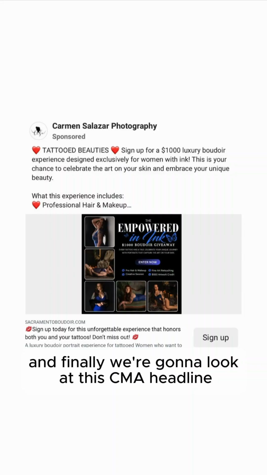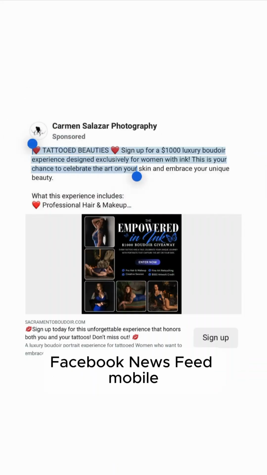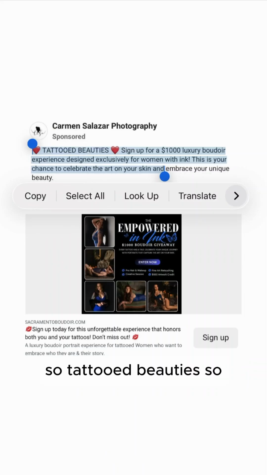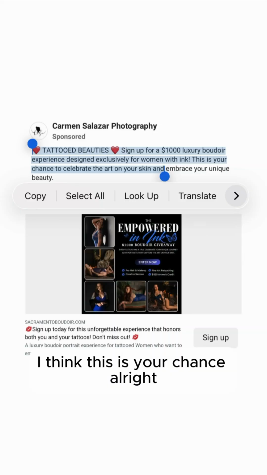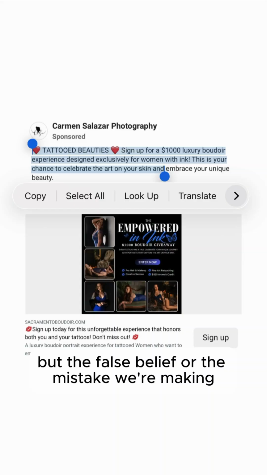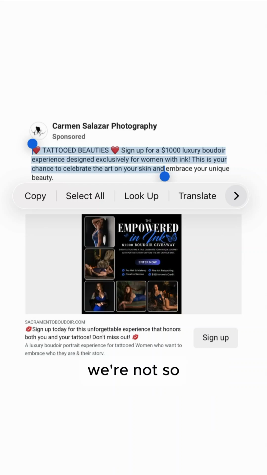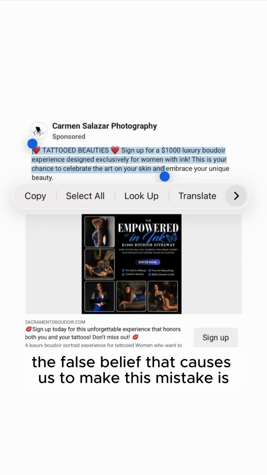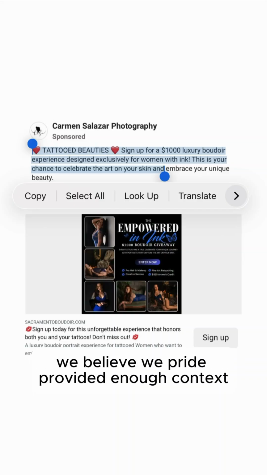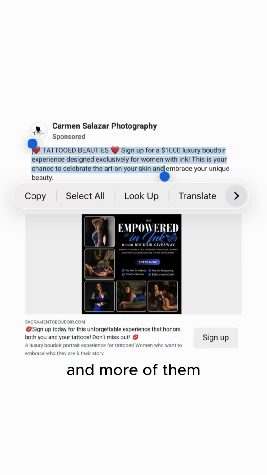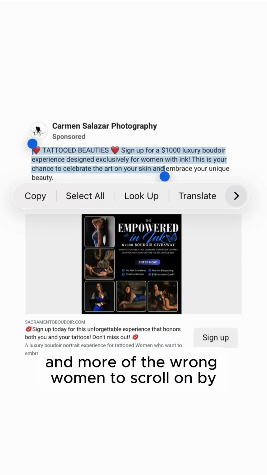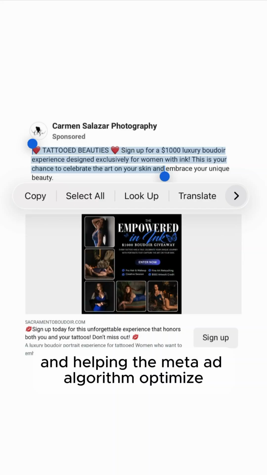And finally, we're going to look at this See More headline, the first 2 3/4 lines, Facebook newsfeed mobile. So, tattooed beauties. So, I think that's your chance. All right. So, we do got some good context here. But the false belief, or the mistake we're making, is the lack of context mistake. The false belief that causes us to make this mistake is we believe we provided enough context to get the right women to click in, and more of the wrong women to scroll on by, and helping the Meta ad algorithm optimize.